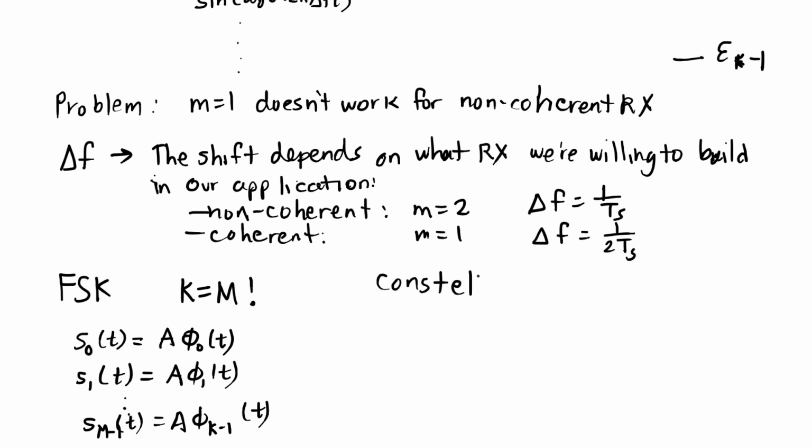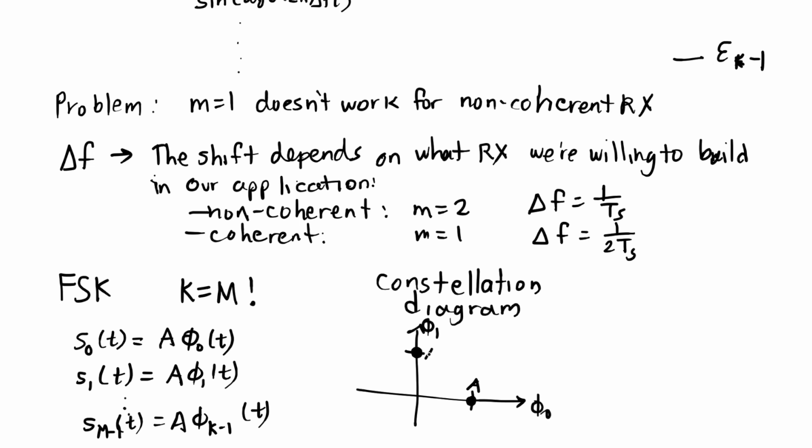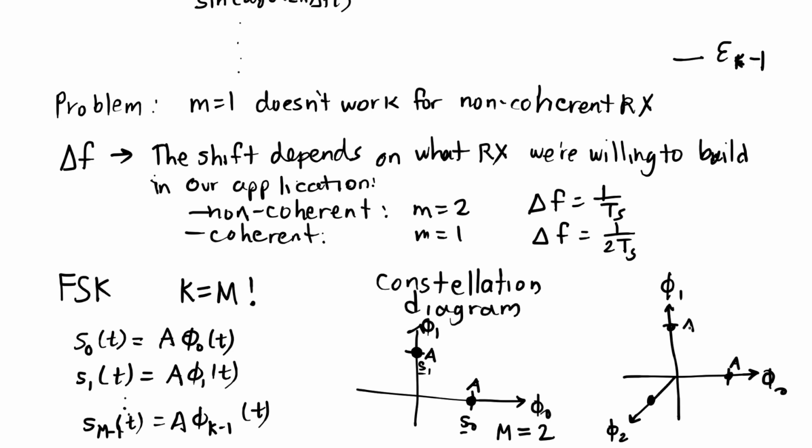If I draw the constellation diagram, they are particular. They'll seem very unique. So our symbols are on the axes a away from the origin. This is for the M or K equals 2 case. And for the M equals 3 case, which doesn't occur in practice, I can still draw the constellation diagram at least, and I'd have S0, S1, and S2 all being, again, a away from the origin and on one of the basis functions.